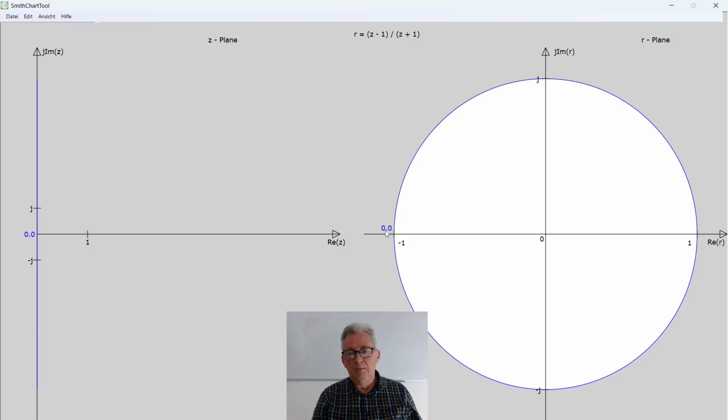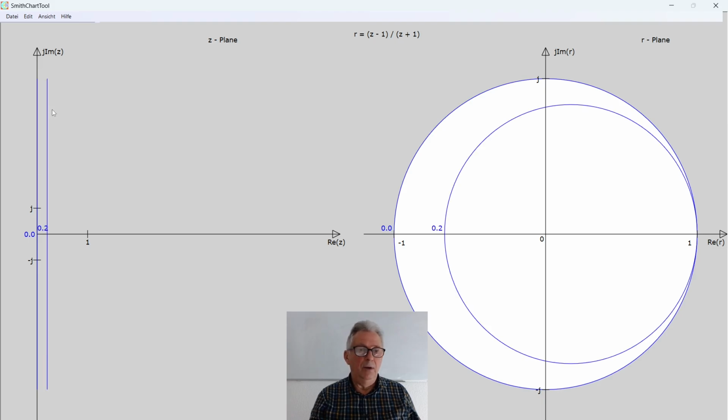Here we have the impedance 0, which corresponds to a reflection coefficient of -1. But later in the Smith chart you will not see this -1 anymore, but only the 0. And we can go on in the mapping.